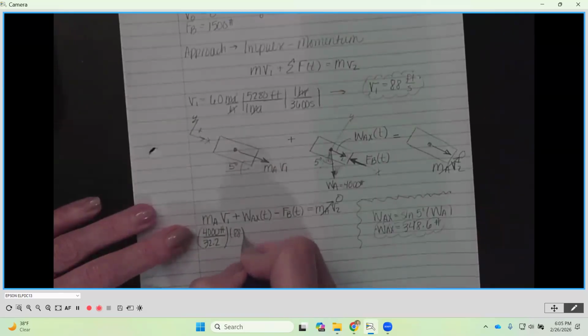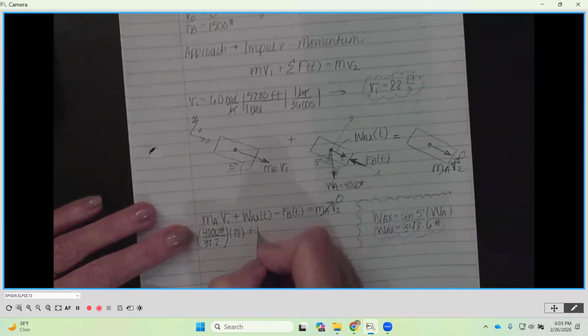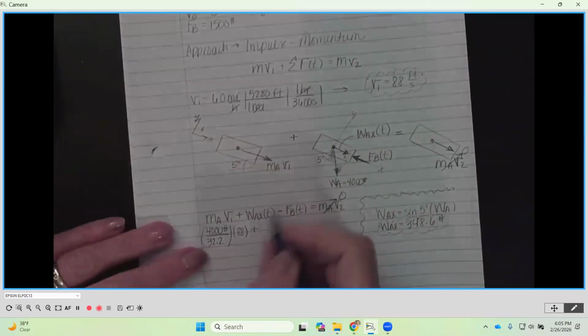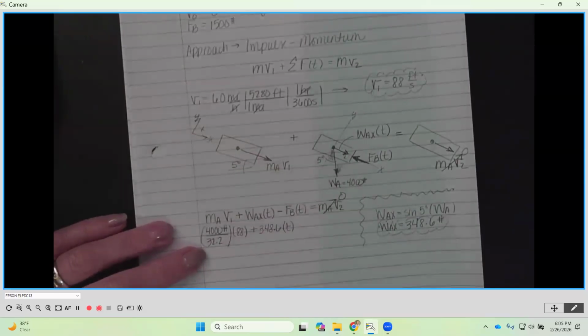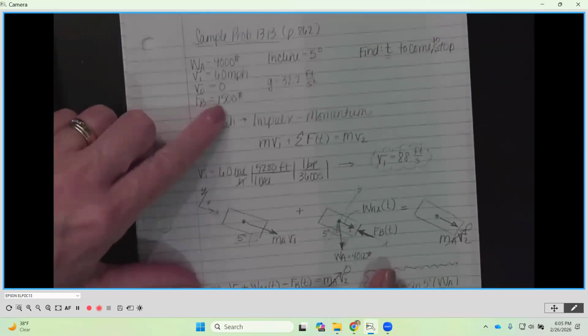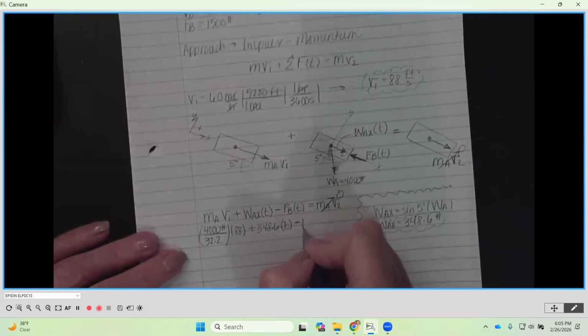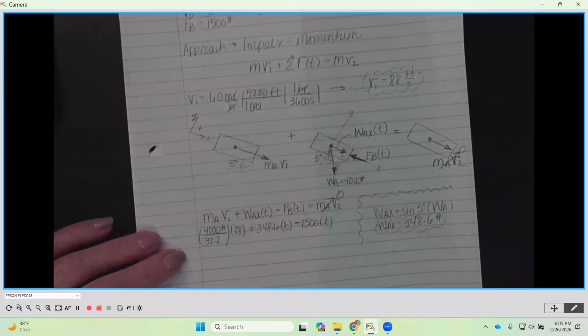So this is going to be times 88, plus 348.6 times our unknown value of T, minus 1,500, which is our braking force, times T. It's going to be equal to 0.